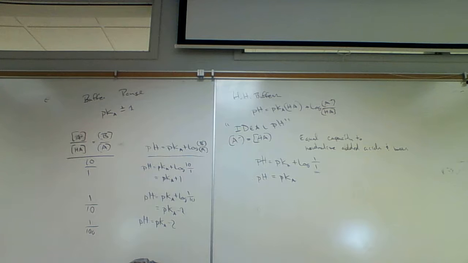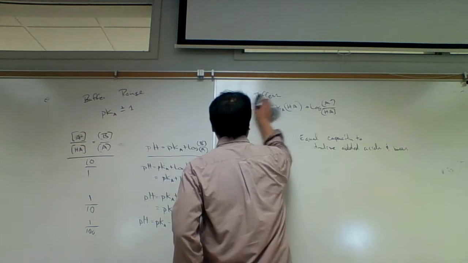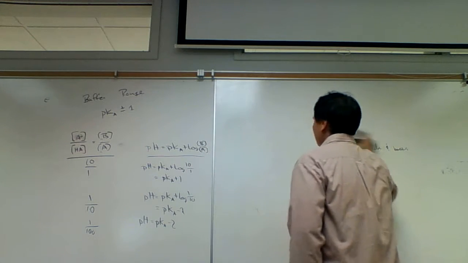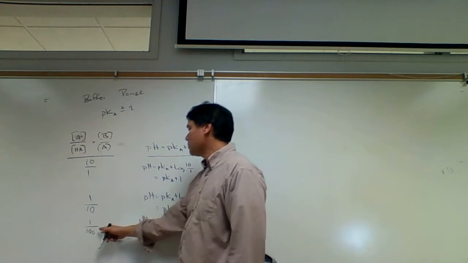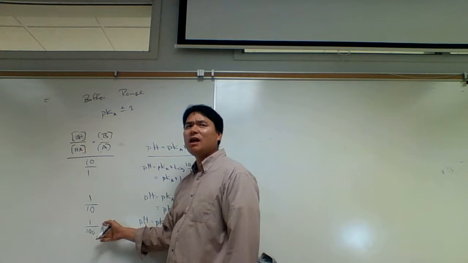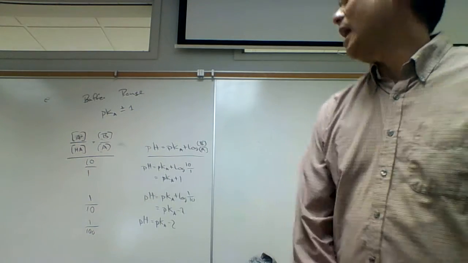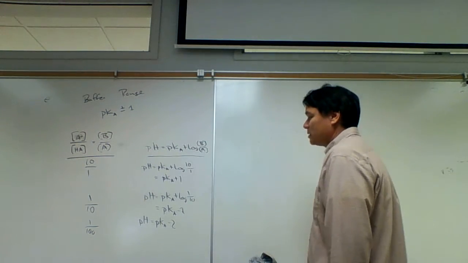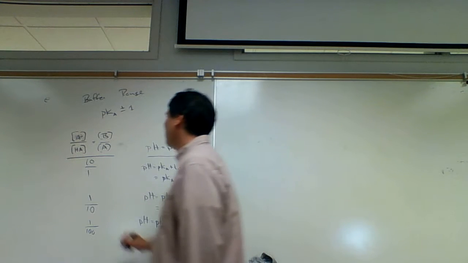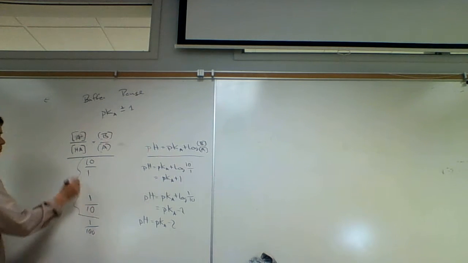No, it's too concentrated. And so we'd have to make it smaller. If we make it smaller, like 1 molar acetic acid, then the sodium acetate would have to be 0.001. And so it's quite lopsided. You have high capacity in terms of the acid component, but extremely low capacity in terms of base component. And so between these two limits is the buffer range.